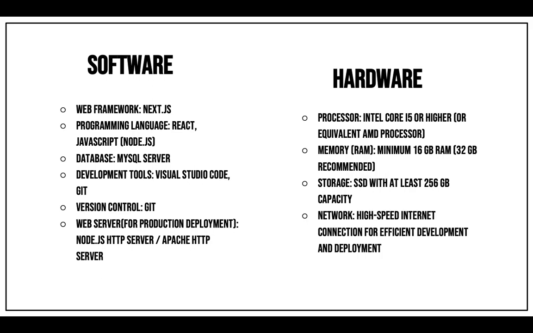Our web server will be based on Node.js and Apache. For the hardware, our processor is an Intel Core i5 or higher, memory RAM is 16 GB, storage at least 256 GB, and a high-speed internet network.